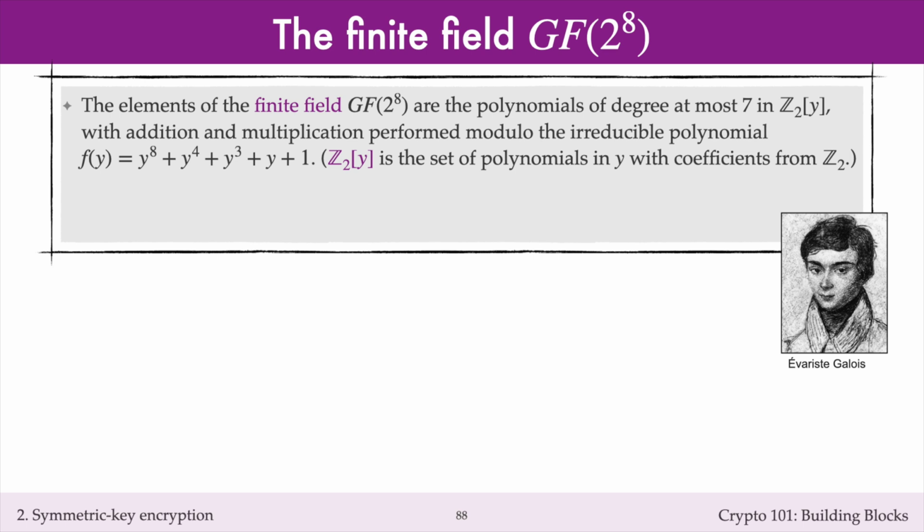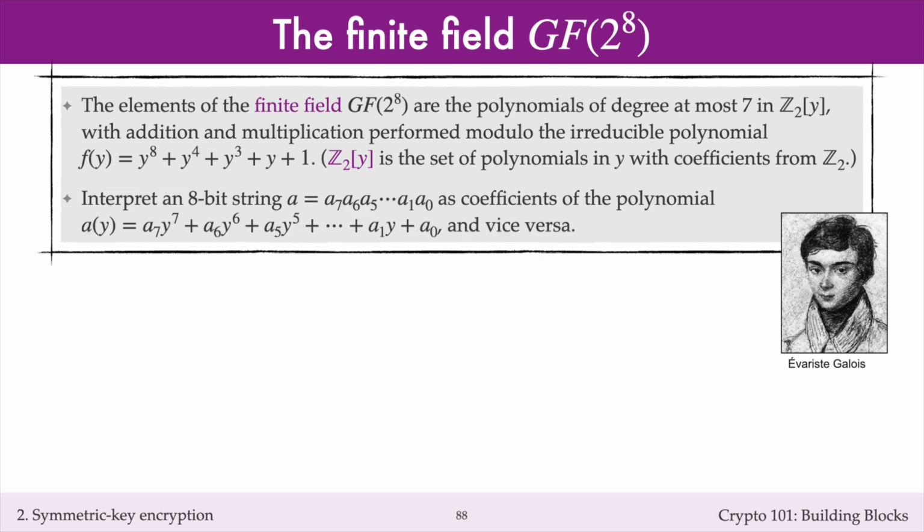So 0 plus 0 equals 0, 0 plus 1 equals 1, 1 plus 0 equals 1, and 1 plus 1 equals 0. Addition and multiplication of these polynomials is performed modulo the irreducible polynomial f(y), which is defined to be y^8 + y^4 + y^3 + y + 1. This polynomial is fixed for AES.